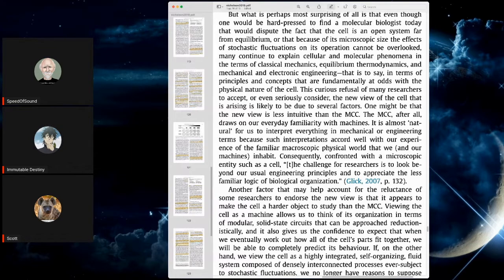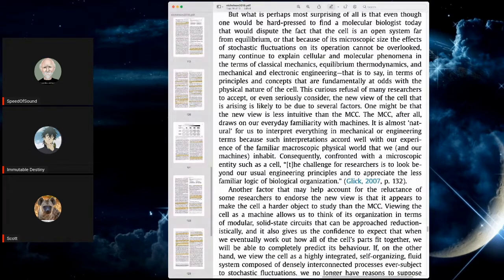That is to say, in terms of principles and concepts that are fundamentally at odds with the physical nature of the cell. This curious refusal of many researchers to accept or even seriously consider the new view of the cell that is arising is likely to be due to several factors.